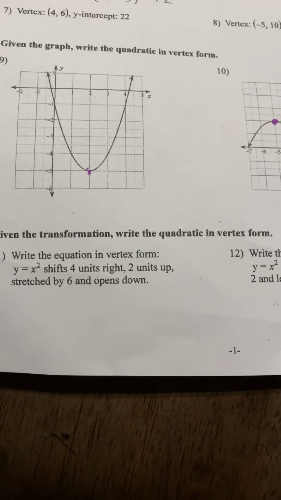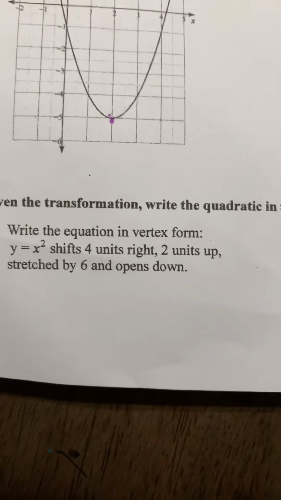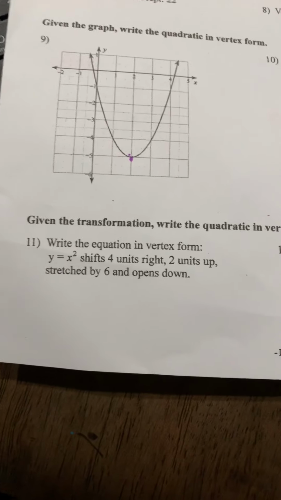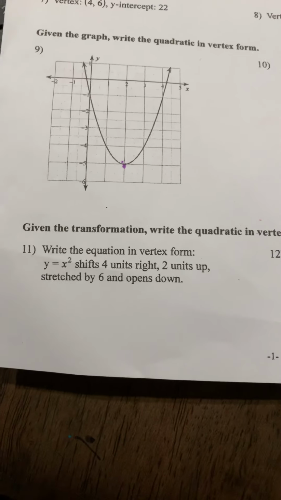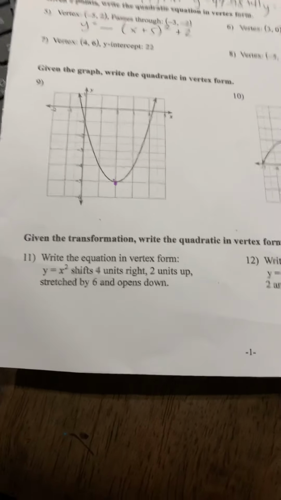So it says y equals x squared, that's the parent graph, shifts 4 units right, 2 units up, stretch by 6, and opens down. So you kind of have to remember what each of these does. When it moves right, left, up, down, that's the vertex.